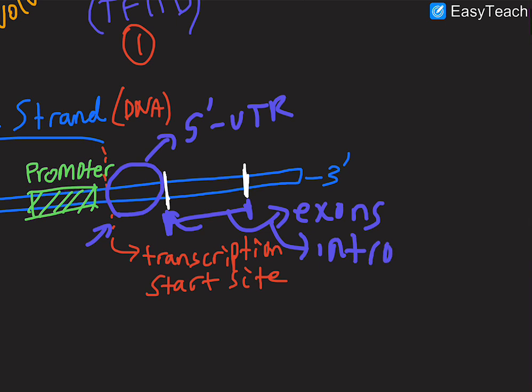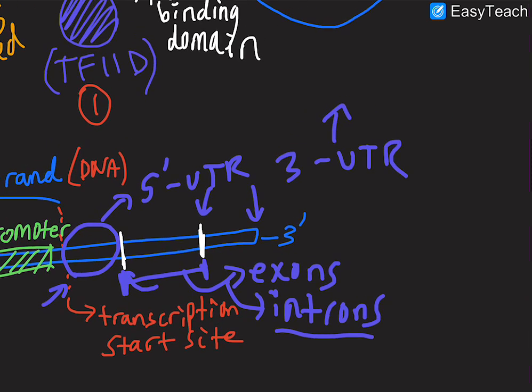We're going to transcribe this and go on to translate it, but of course we'll see that we cut out the introns. From this white line to the end, we have the 3' untranslated region. This is where we're going to see the polyadenylation signal, and we'll go over that soon.